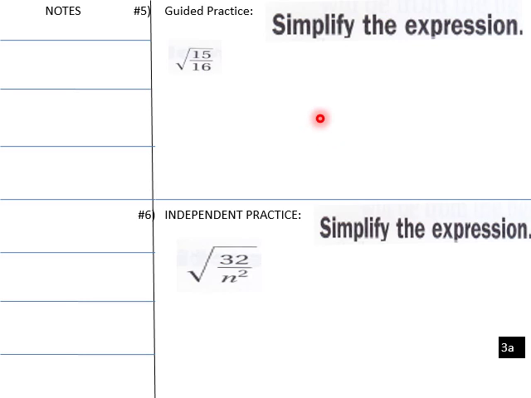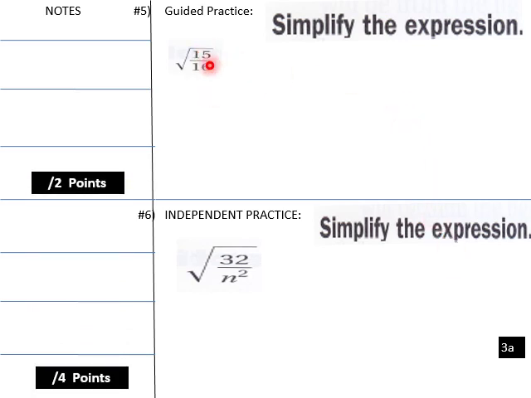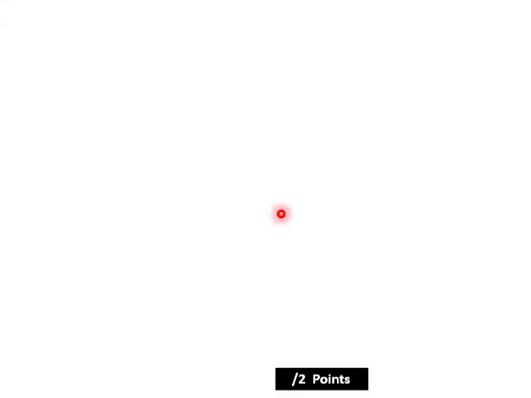Radical 15 over radical 16 would be square root of 15 over square root of 16, and then square root of 16 is 4, and square root of 15 would be some other number. So that would be a simplified expression there without a calculator.